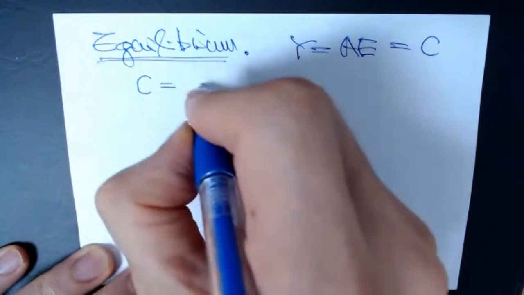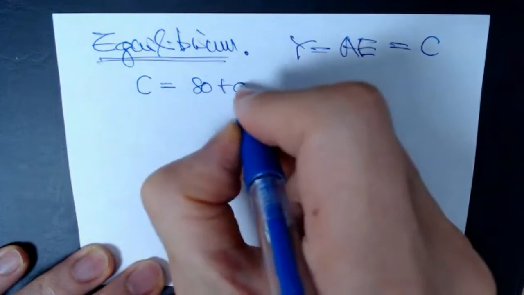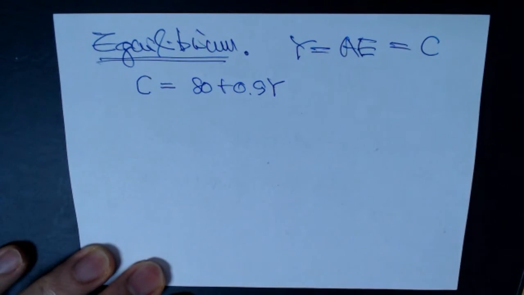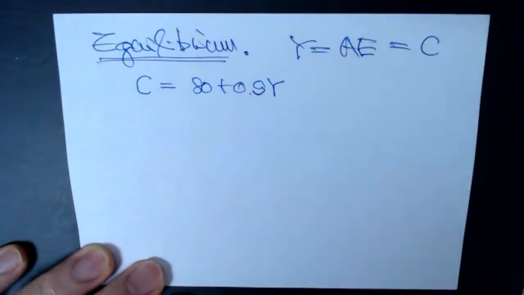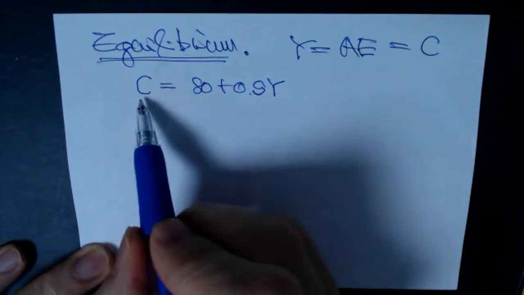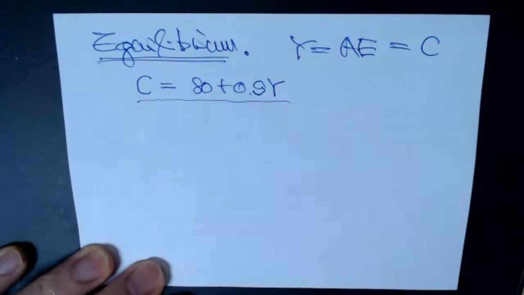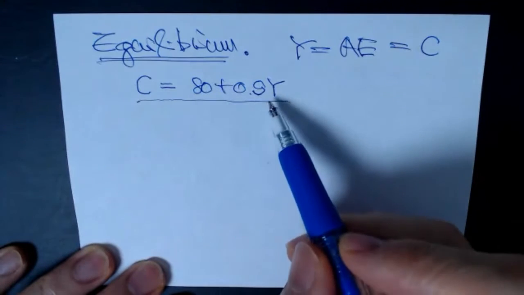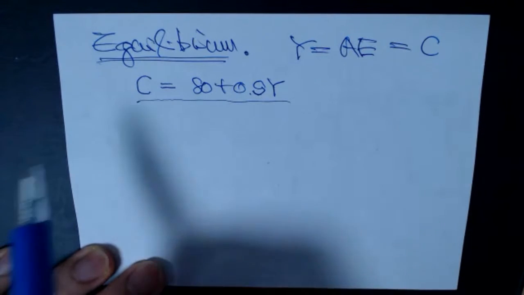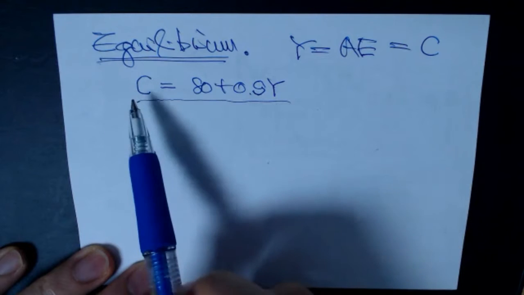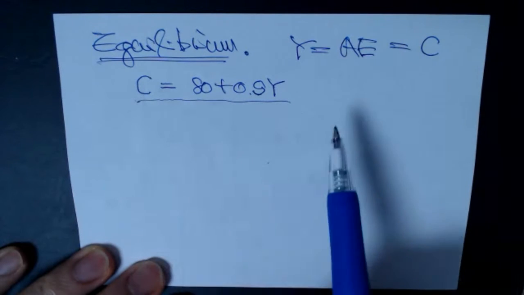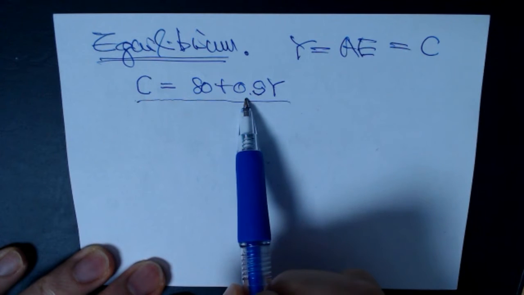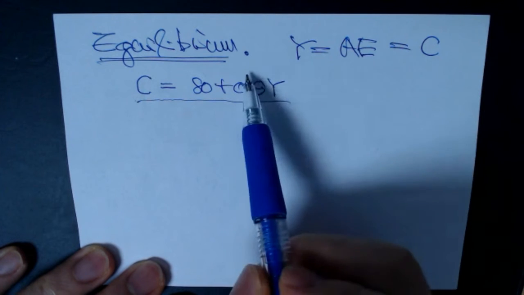Now think about the consumption function given like this. Total consumption in the economy is composed of two parts, 80 plus 0.9 Y. From this you can tell that households in this economy are likely to spend 90% of their additional income.